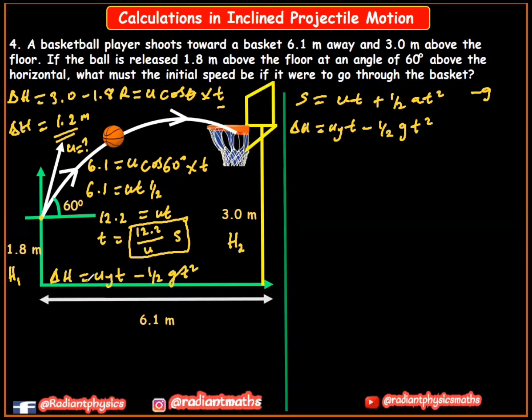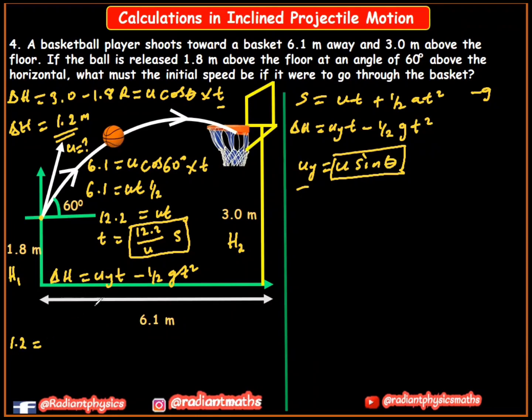So let's plug in what we have. Change in height is 1.2. So we are going to say 1.2 equal to u, that is the velocity along the y component. Remember that velocity along the y component is given as u sine theta. So instead of using this, we are going to replace this value with this in this equation now.